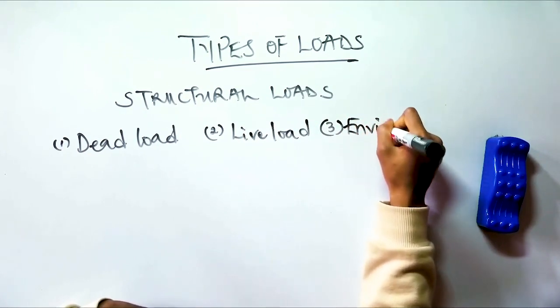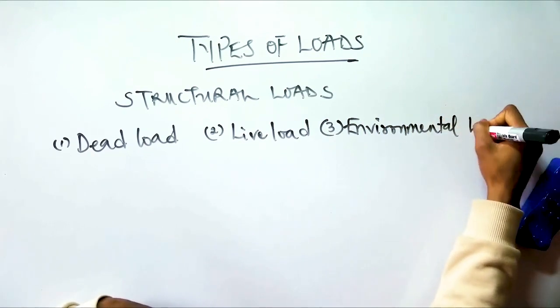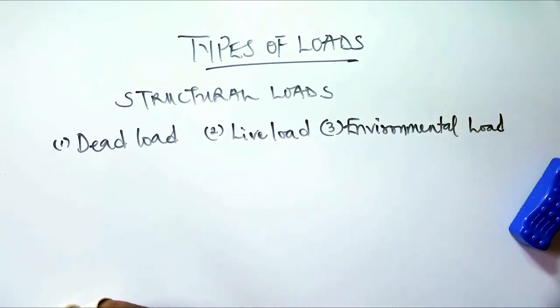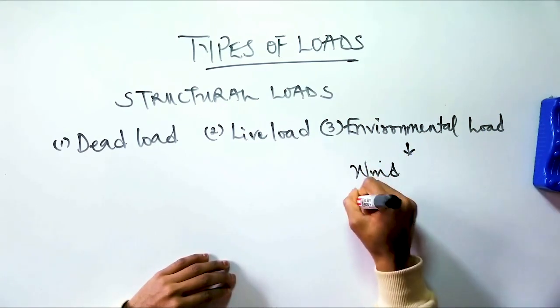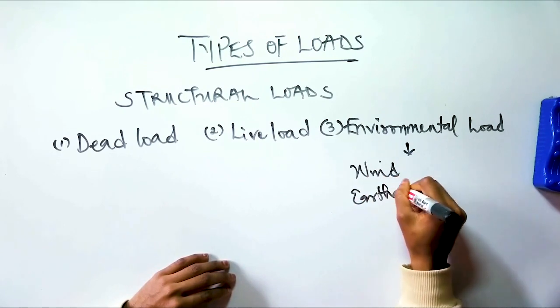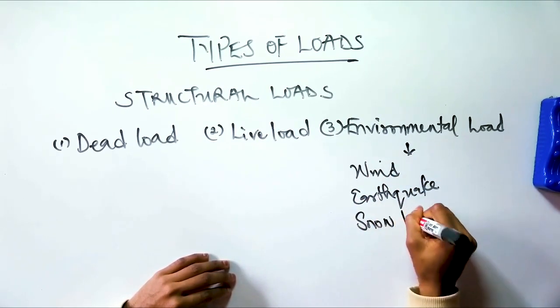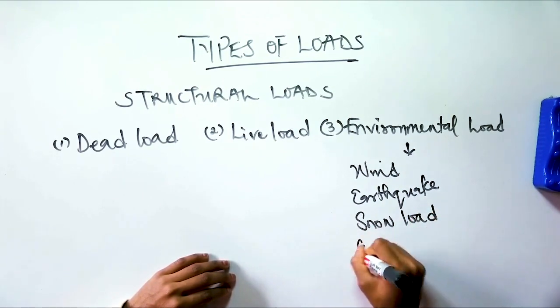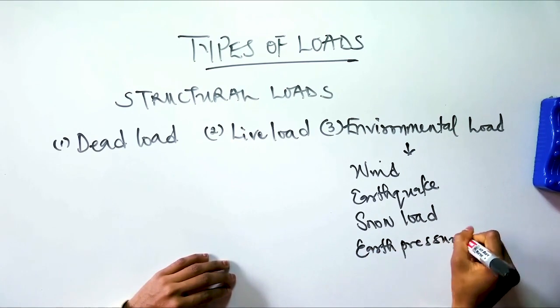I cannot give you all the types of loads, so I'm going to concentrate on the most important ones, or rather the most common ones. We have dead load, live load, and environmental loads. Under environmental loads, we have wind loads, earthquake loads, earth pressure, and snow loads. So I'm going to be expatiating on all of them, especially the dead and live loads.